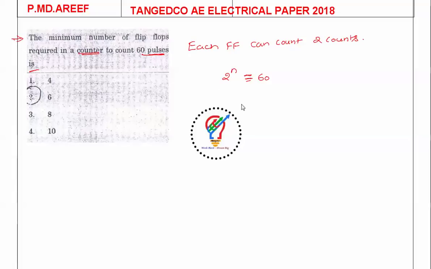From this formula, n is going to be 6. Why? Because 2 power 6 is nothing but 64. Suppose they ask for example 180 pulses, then n is going to be 8. So next question.